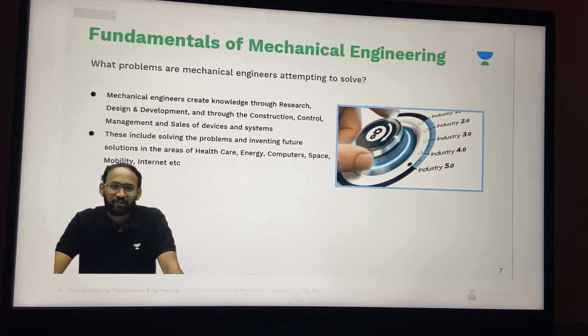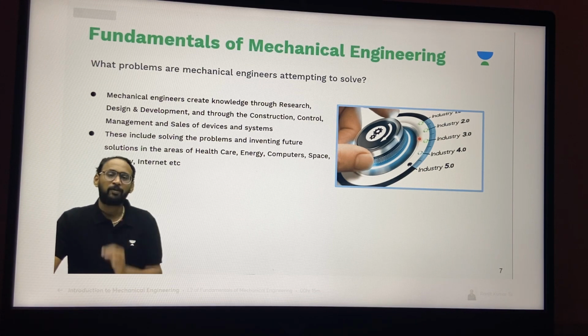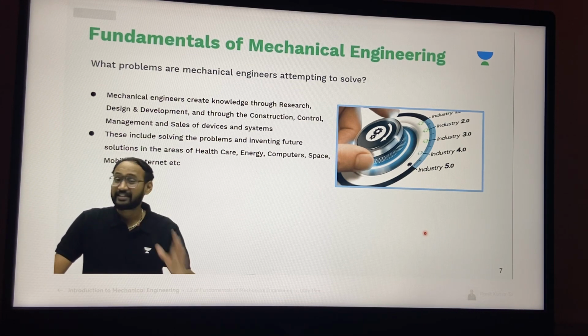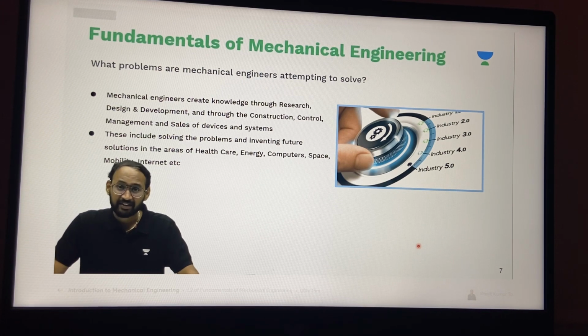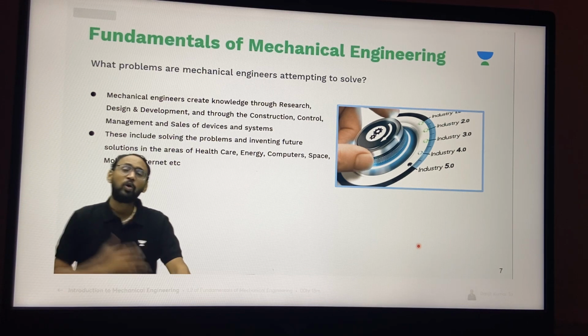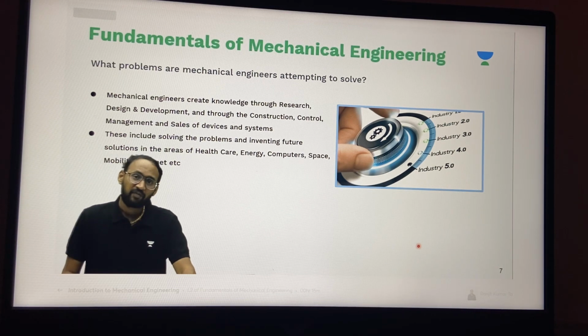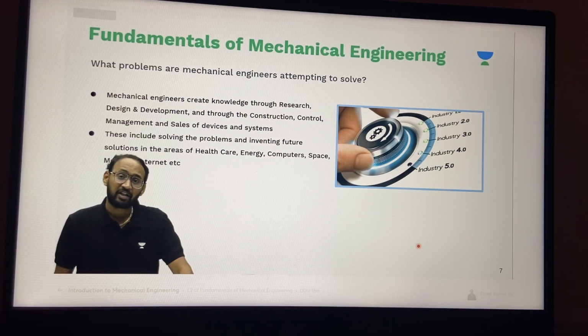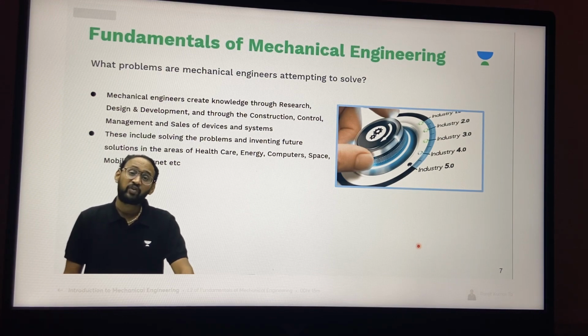Of course, in each of these industrializations, mechanical engineers had a specific problem to solve. Let's touch upon that in the coming session. But nevertheless, mechanical engineers are attempting to solve a whole new set of problems, which has a bigger scope, and they have to work with cross-functional teams.